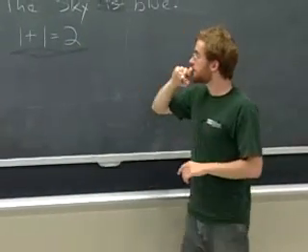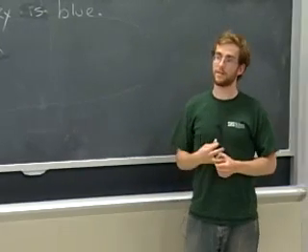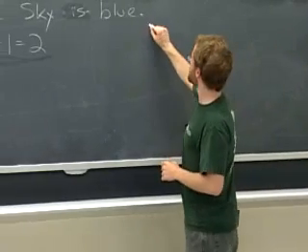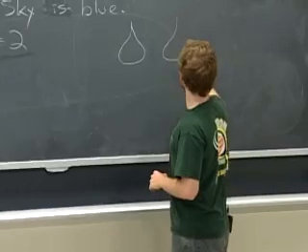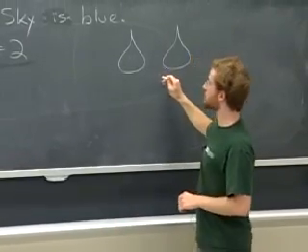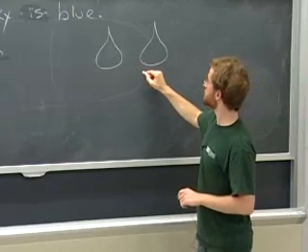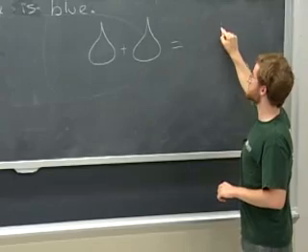But what if we were to base our arithmetic on something else? Suppose we based our arithmetic on raindrops. So suppose we have one raindrop and another one, and we define addition as when they meet. So one raindrop plus another raindrop just gives me another raindrop.